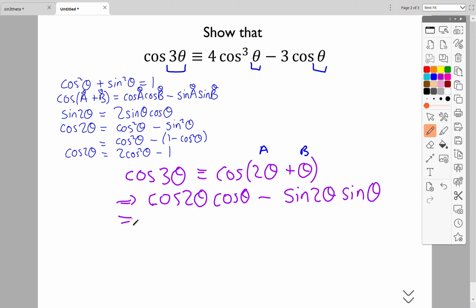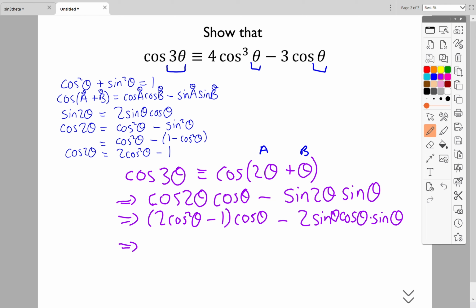Now we can bring in the identity, so we're going to use, as we said, 2 cos squared theta minus 1. It's going to be multiplied by cos theta, so we've replaced cos 2 theta with that one, and then we're going to replace sine 2 theta with 2 sine theta cos theta, multiplied by sine theta. So we've put in our double angles.